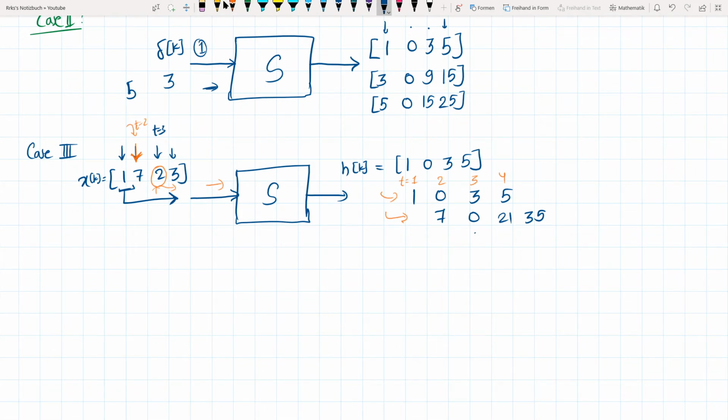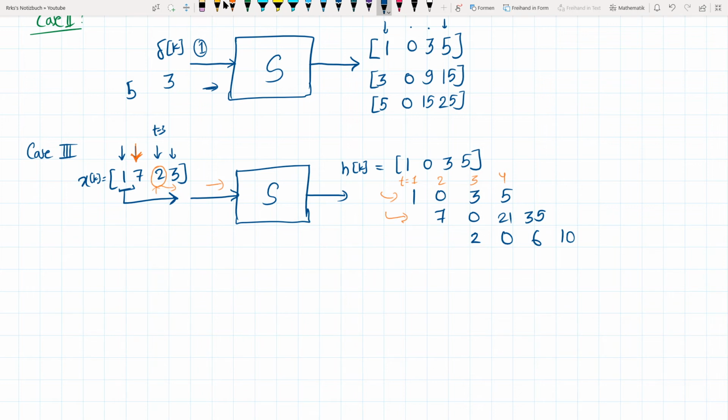But you start at time t equals to 3, because we are feeding the system the signal 3 seconds later. So it will be 2 times 1 equals 2, 2 times 0 would be 0, 2 times 3 would be 6, and 2 times 5 would be 10.